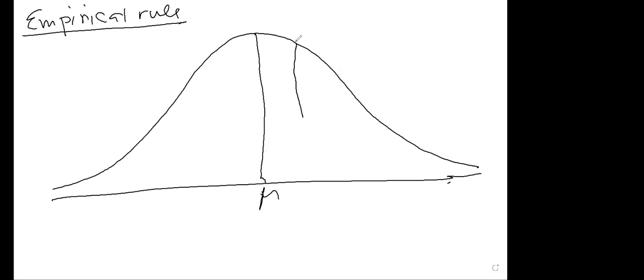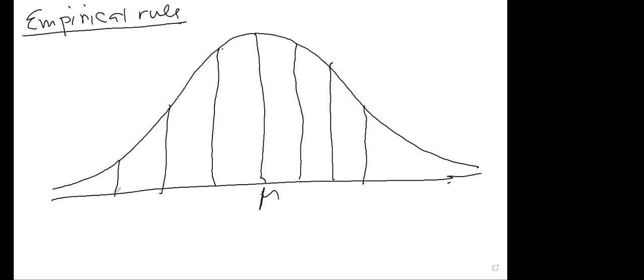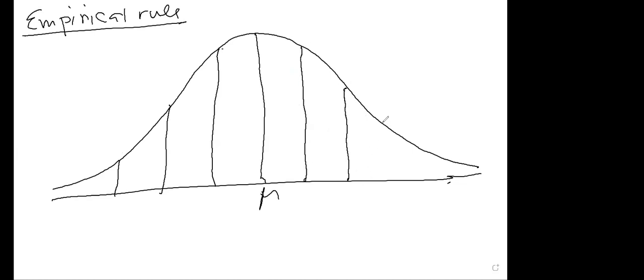So we are going to mark 1 standard deviation, 2 standard deviation, 3 standard deviation, minus 1 standard deviation, minus 2 standard deviation, minus 3 standard deviation. We call this the empirical rule.